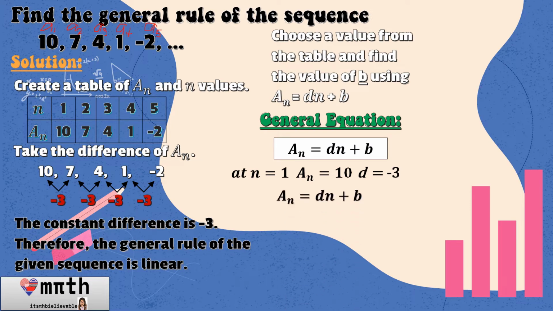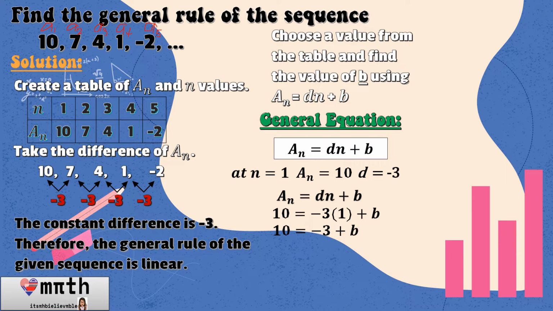Substituting the values, we get 10 equal to -3 times 1 plus b. Simplifying -3 times 1, that will be equal to -3.